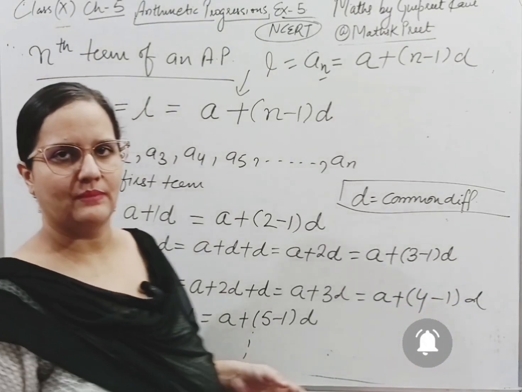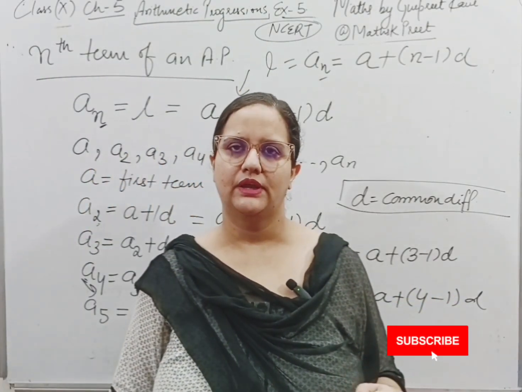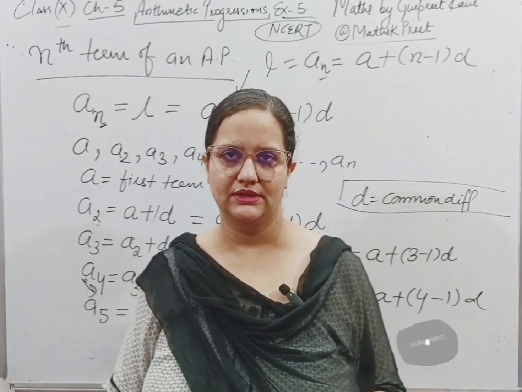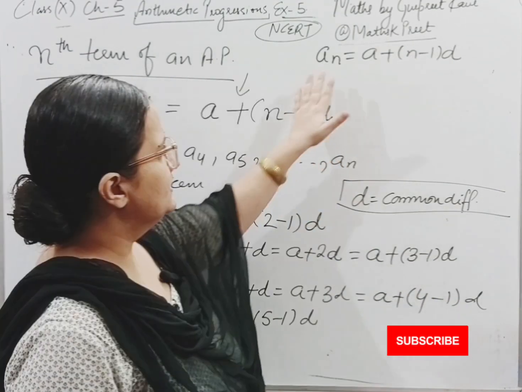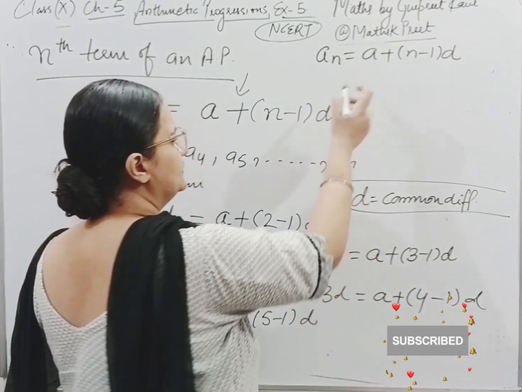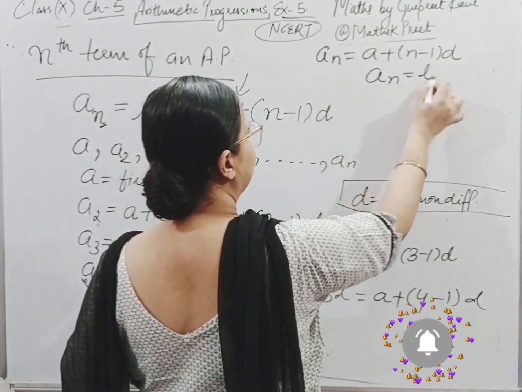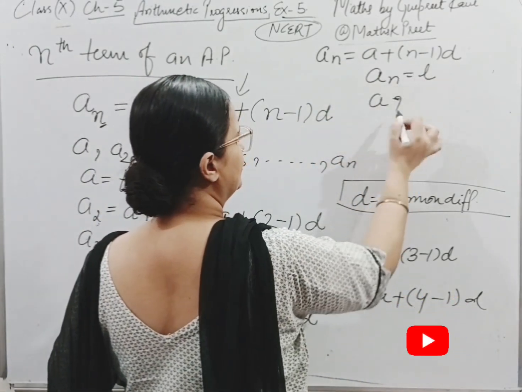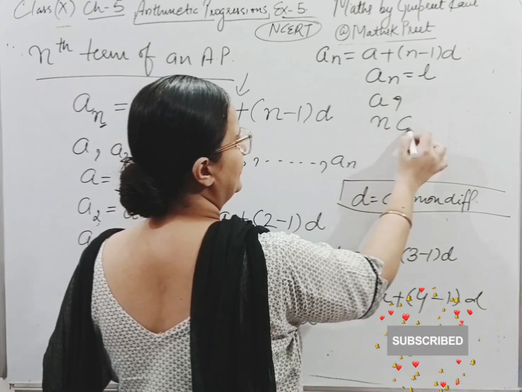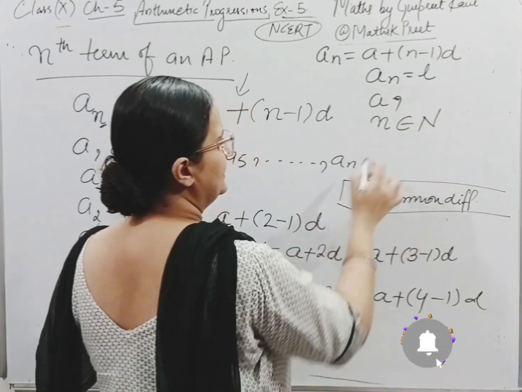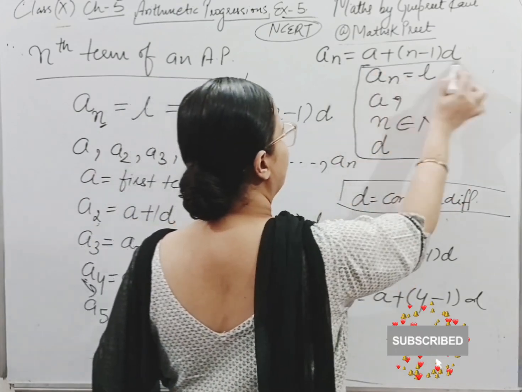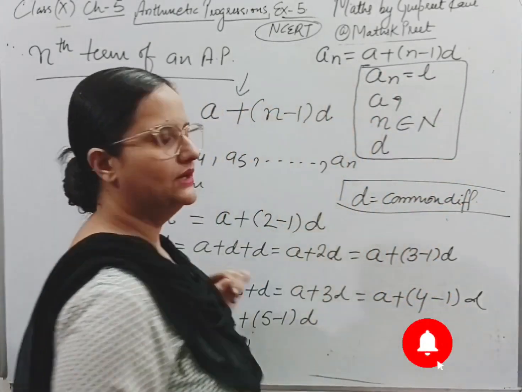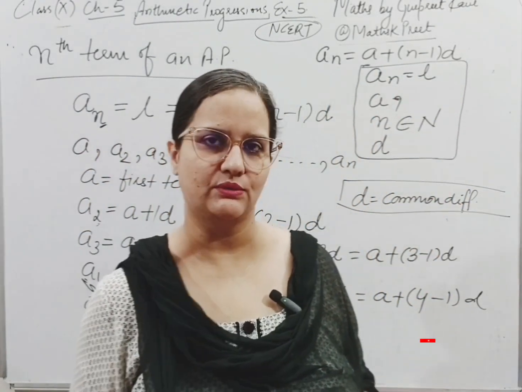Now in exercise 5.2, we will see the questions related to this concept, this formula only. In this formula, we have four things. What are the four things? A sub n, the last term; A, the first term; N, which comes from the naturals only; and the common difference D. These are the four things we use in this formula to write the nth term of the sequence.